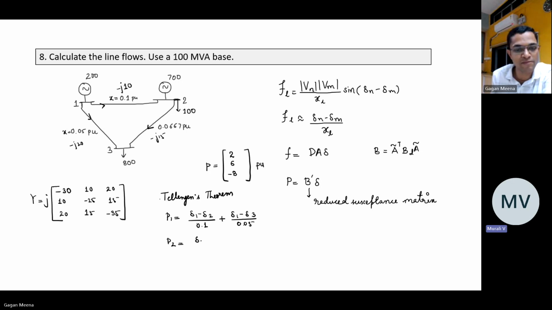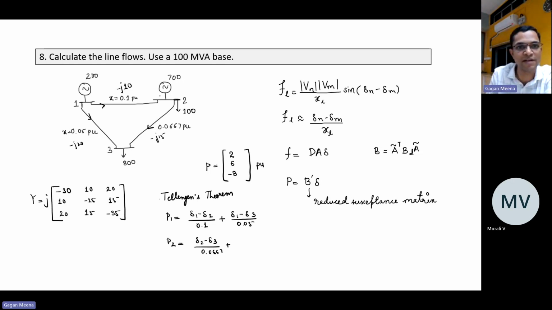So P2 is P23 minus P12: delta 2 minus delta 3 by 0.0667, plus, when you write 21 now, that is negative, or else delta 2 minus delta 1 by 0.1, for actual flow.